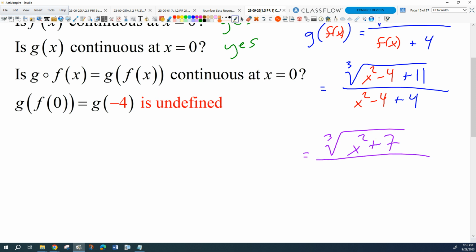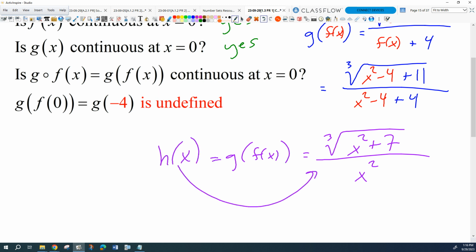What do we get on the bottom? x squared, right? So g of f of x, we might call that the single function h of x, which is that new function. Now we could have answered the question, is g of f of 0 defined?